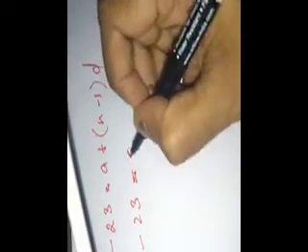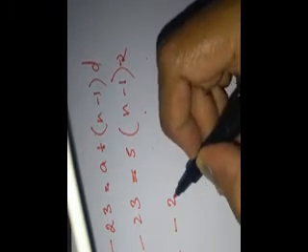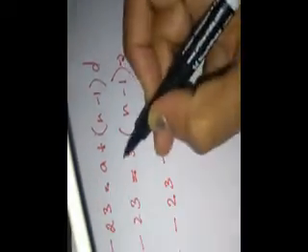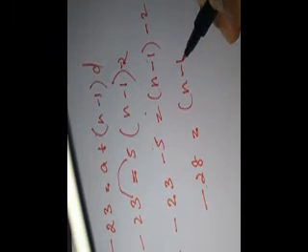So you will be getting minus 23 is equal to 5 plus n minus 1 into d, that is minus 2, right? So that is equal to minus 23 minus 5, taking 5 to this side, equal to n minus 1 into minus 2. So minus 28 is equal to n minus 1 into minus 2.